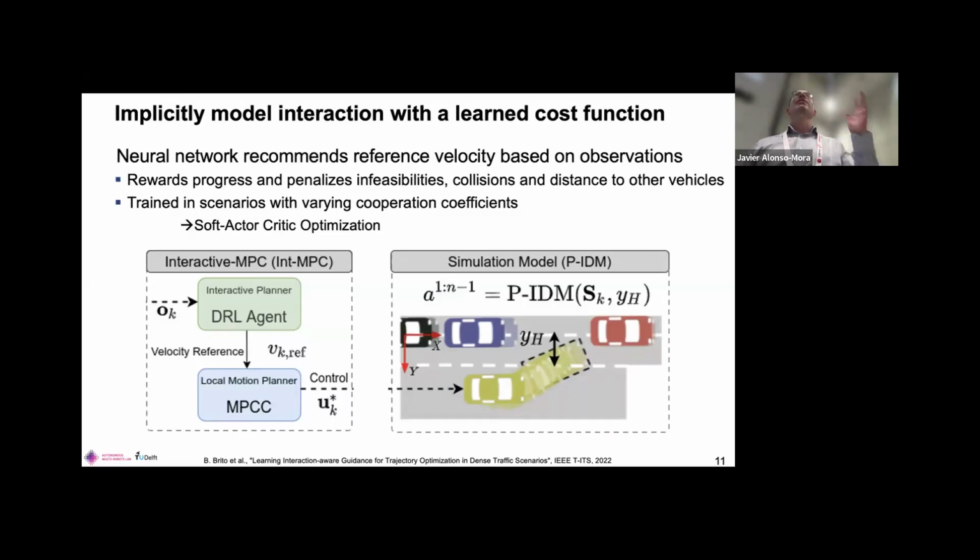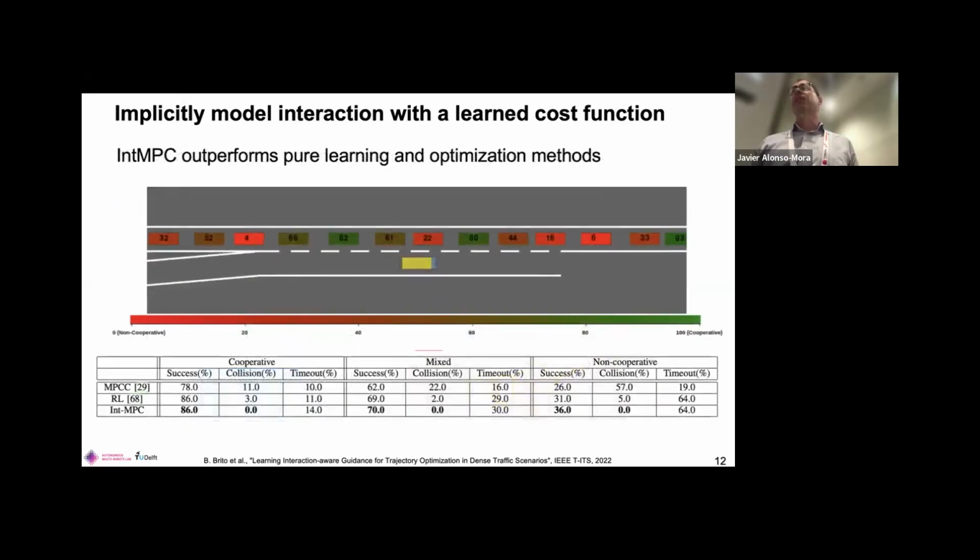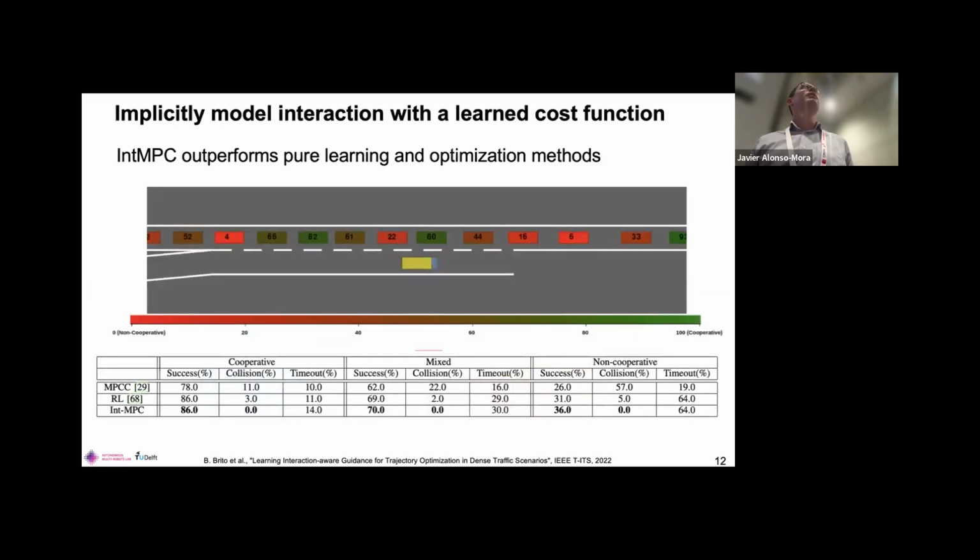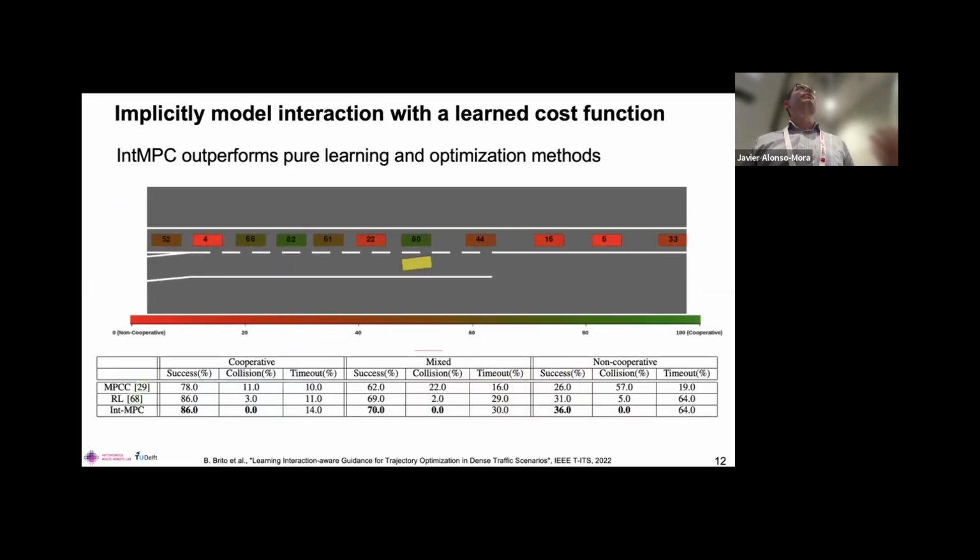And that is also a difficult topic when doing this. How do you model other agents in simulation? But that's a question for maybe the discussion or another day. But what we did there was to use that model and then sample different parameters for the level of cooperation. And here are some results of that. So here, our self-driving car is the one in yellow that wants to merge into this lane with traffic.